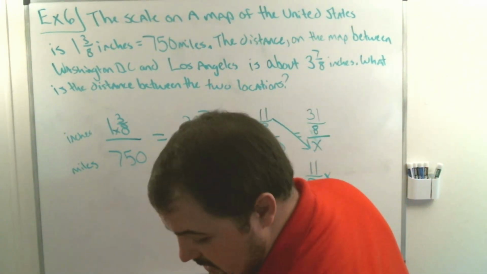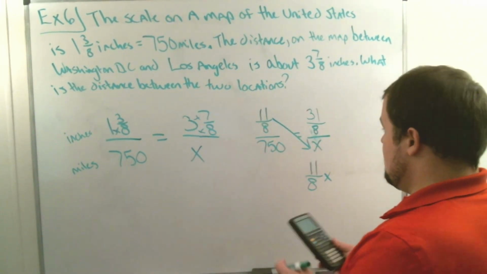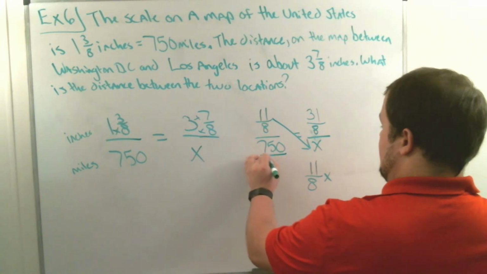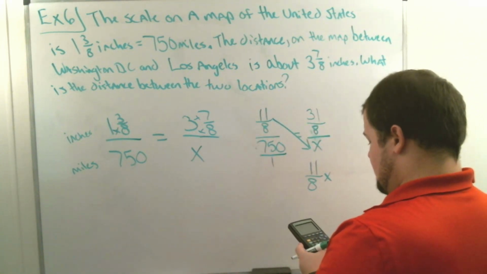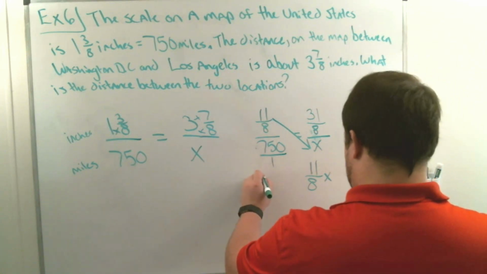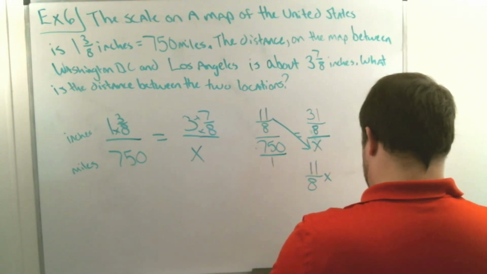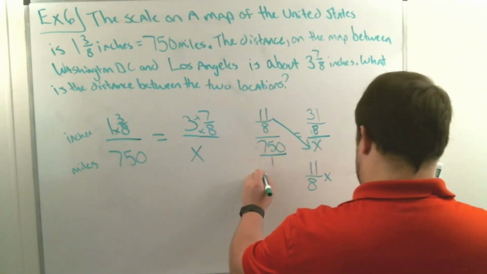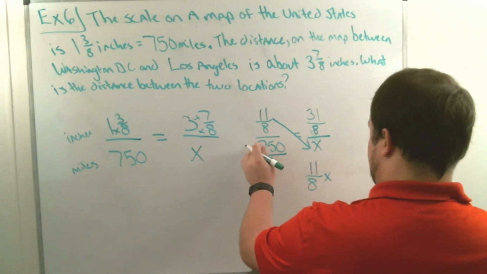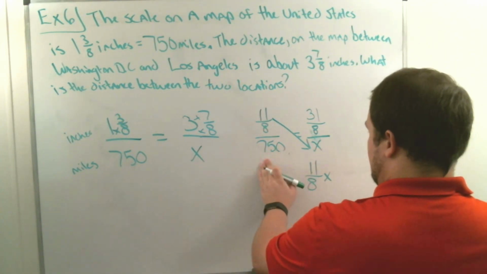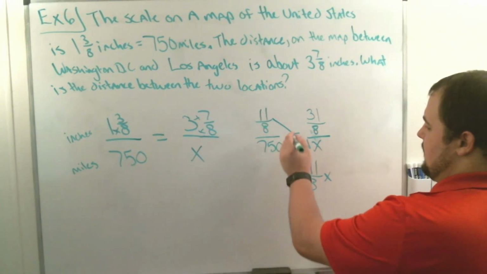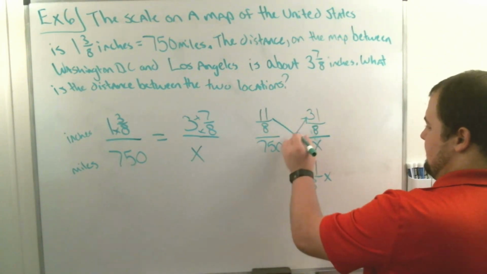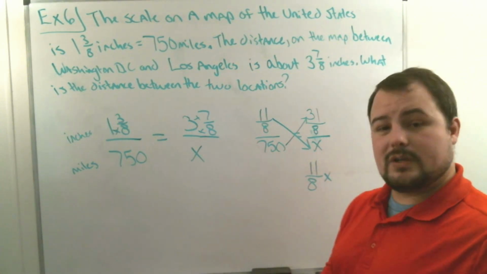The other part, I'm going to use a calculator to help me out here. So I'm going to take 750 over 1, and multiply the tops. 750 times 31. That's a big number. I'm going to divide that by 8. Another way that you could do this is you could take 750 times the top, divide by the bottom, and that's what I'm doing.